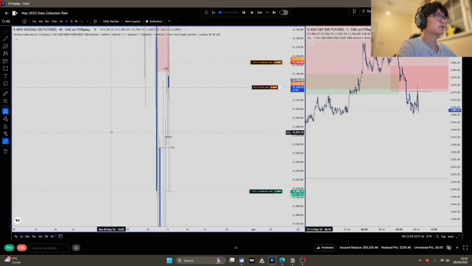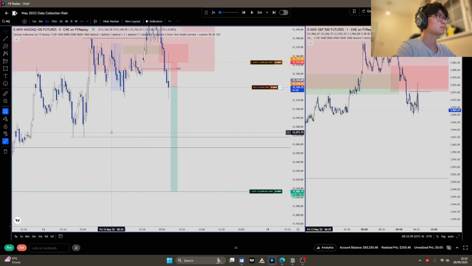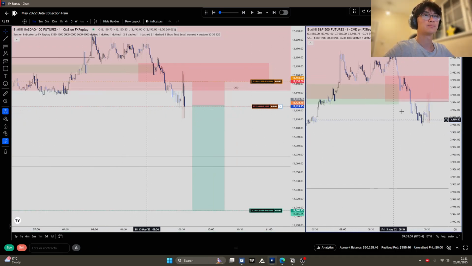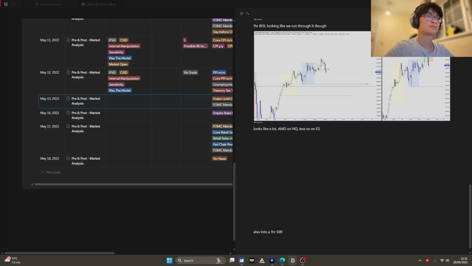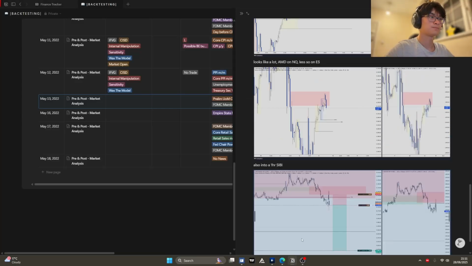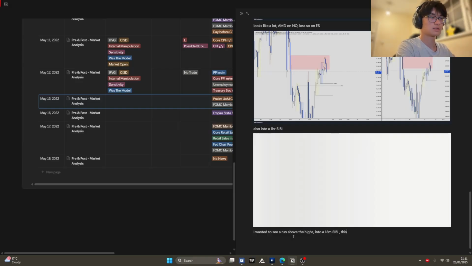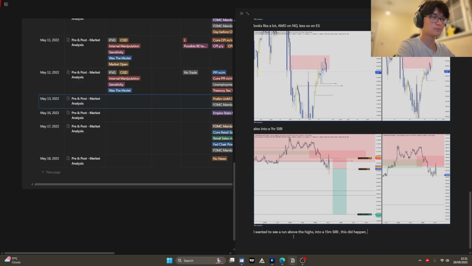Okay, let's just go through again. I wanted to see a run above the highs and then right into a 15-minute FVG. This did happen. I want to see lower.